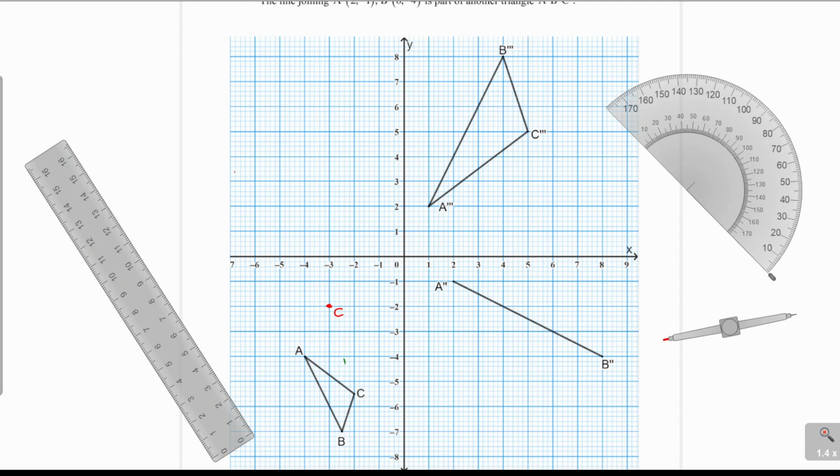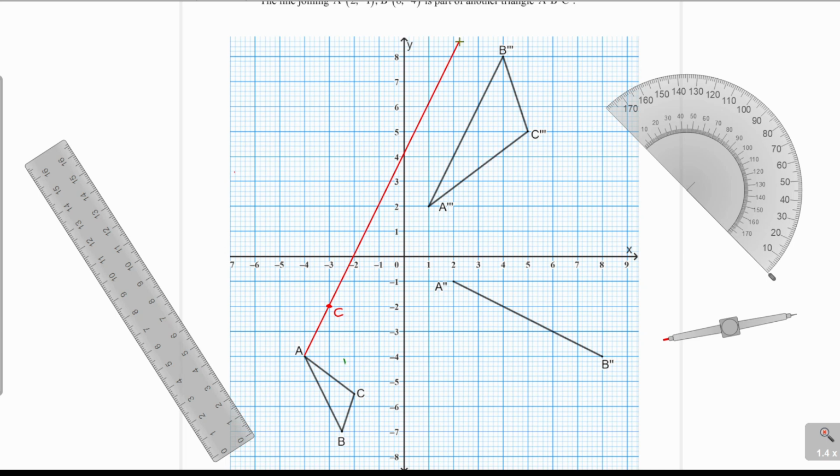We shall start by joining point A to the center of enlargement using a straight line. We do that. So using a straight line, from point A, make sure you use a straight line like that.